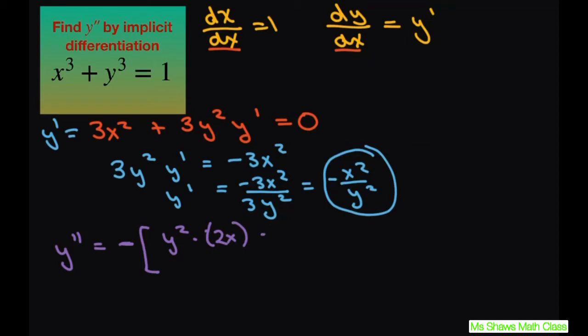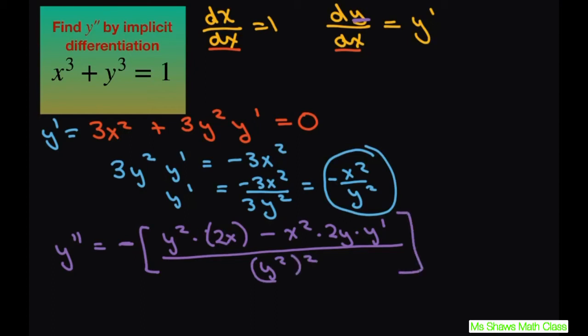And then you write minus, take your numerator, x squared, times the derivative of the denominator, and that's going to be 2y. And since we differentiated y, that's times y prime. Then you take your denominator and square it, so that's y squared squared. So that's just your quotient rule.